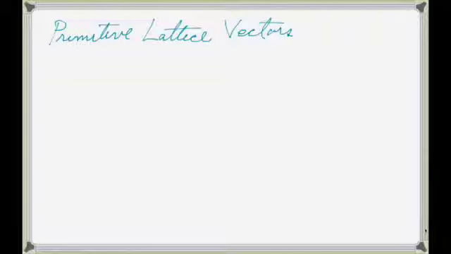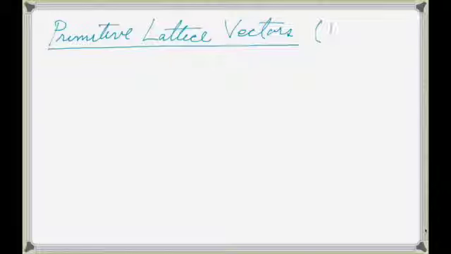I guess the other thing we need to know is, what are the primitive lattice vectors, which define the periodicity of the crystal. So these 3 vectors, if I take these 2 atoms in my basis, and I translate them by any integer multiple of these 3 vectors, I create the entire crystal.